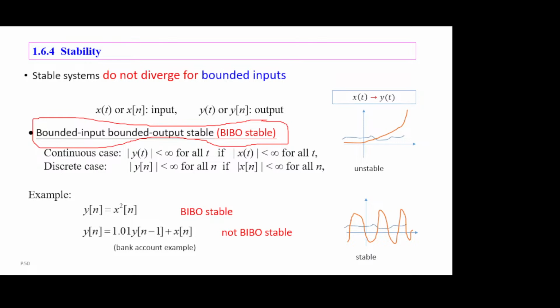But anyway, if the input is bounded in this sense, the output will also be bounded, in the sense that the absolute value of y of t is less than infinity for all t.